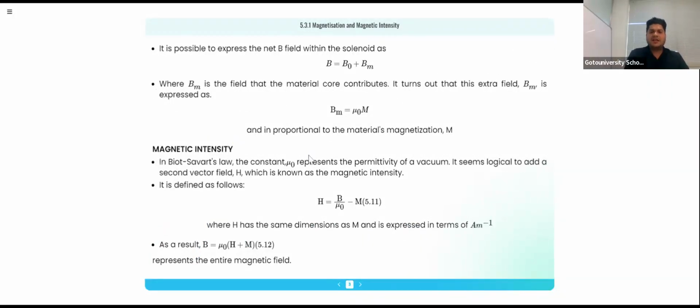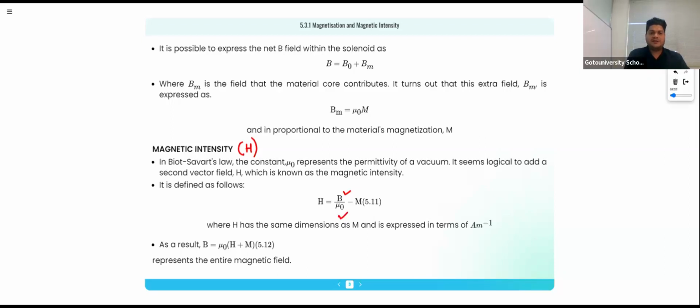Magnetic intensity will be represented by H. It is the ratio of magnetic field strength to permeability of free space, also known as permeability of vacuum.